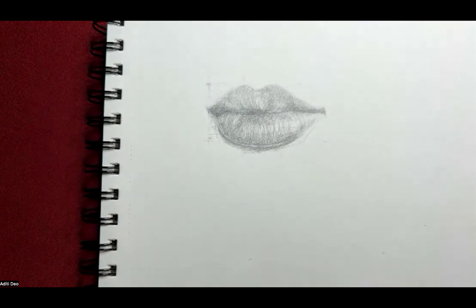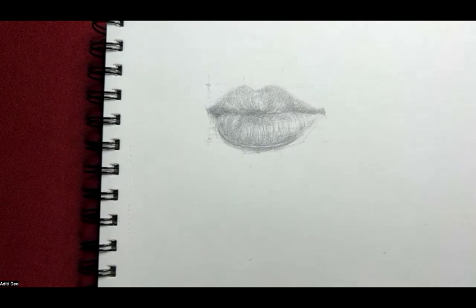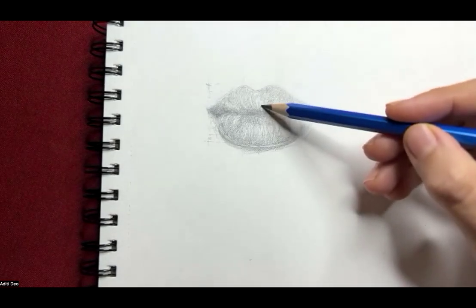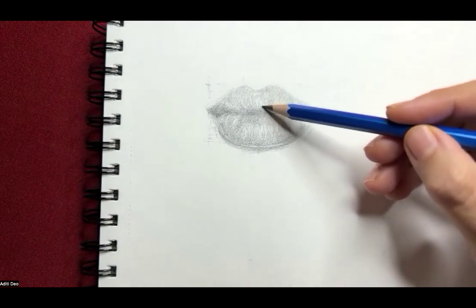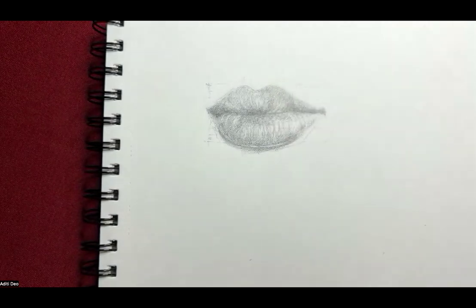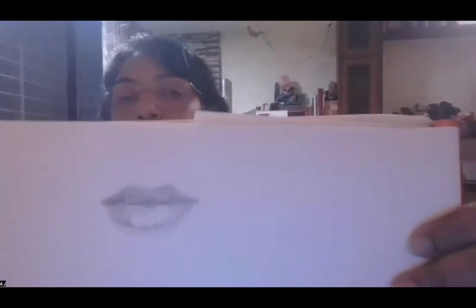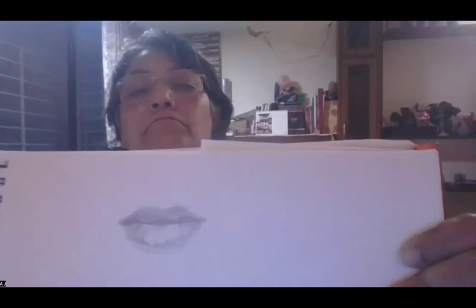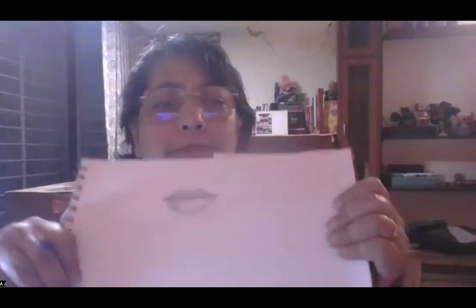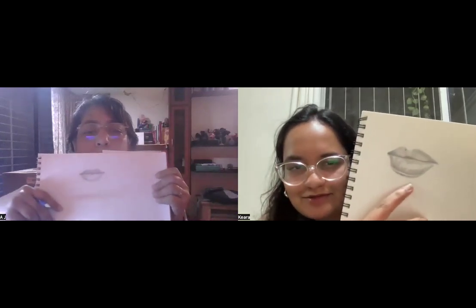Right. How's it going? Oh, let's see. Okay, nice. Very nice. Let's see Kiara's as well. Okay, very good. I think I'm struggling a little bit with the shadow though.